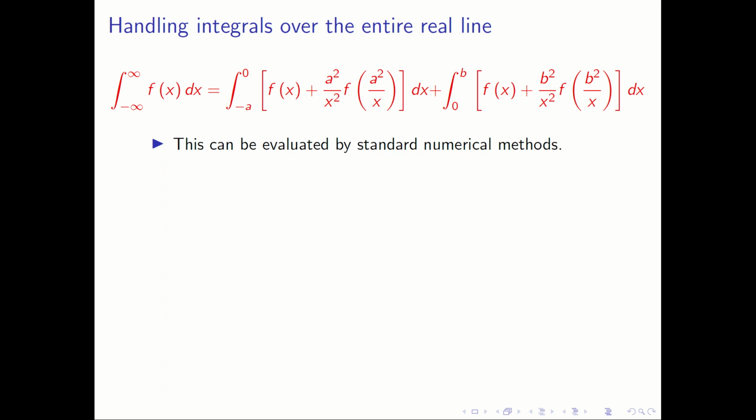However, you have to realize that when x goes to 0, the argument of f here, a square by x, goes to infinity, either negative infinity as x approaches 0 from the negative side here, or positive infinity as x approaches 0 from the positive side here. In both cases, let me remind you that the integral exists only if the function dies out rapidly enough as its argument goes to plus minus infinity.